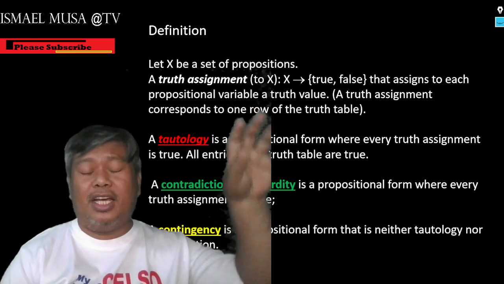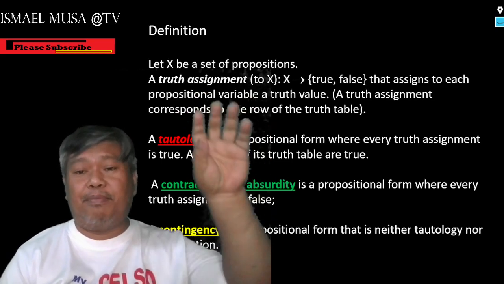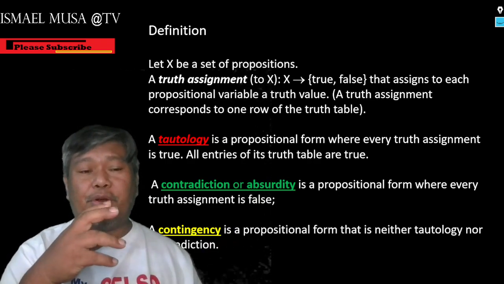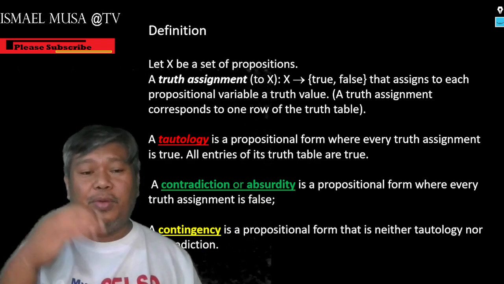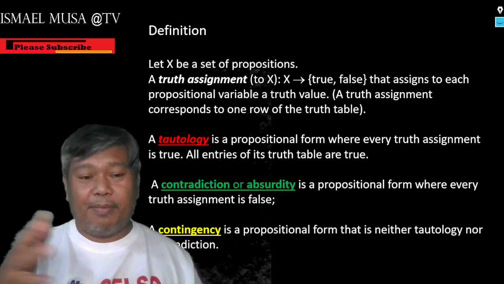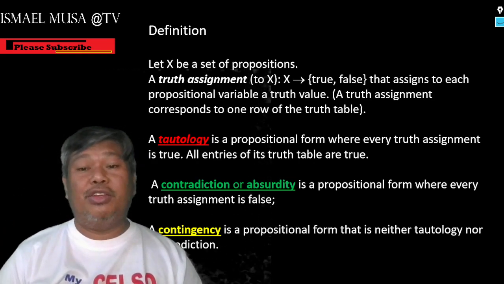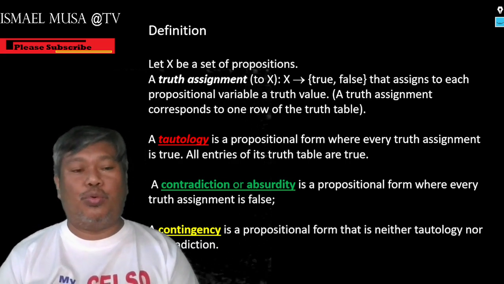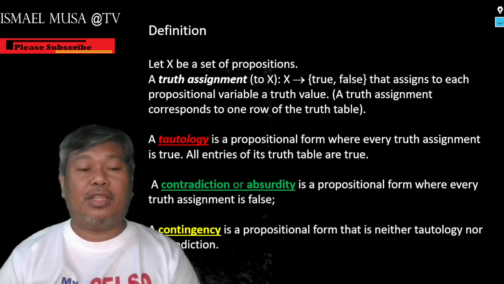We have the independent propositions, and if we come up with a compound proposition where all the truth values of all the possible rows are true, then you call it a tautology. Every truth assignment is true, so all entries in the last column of the truth table are true.